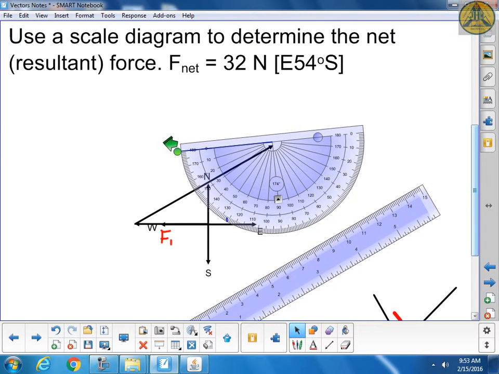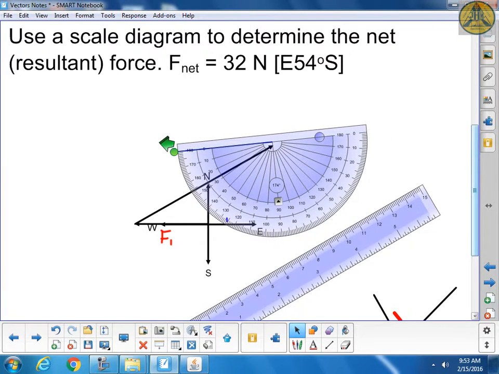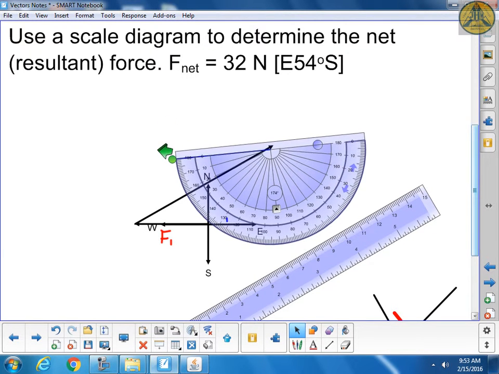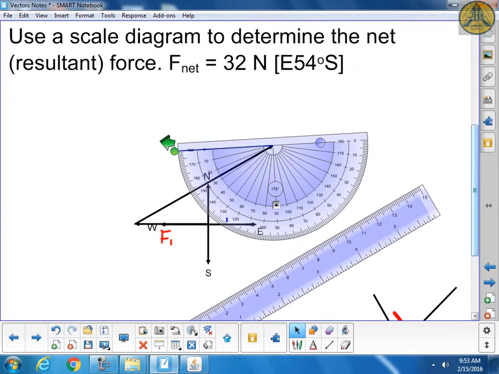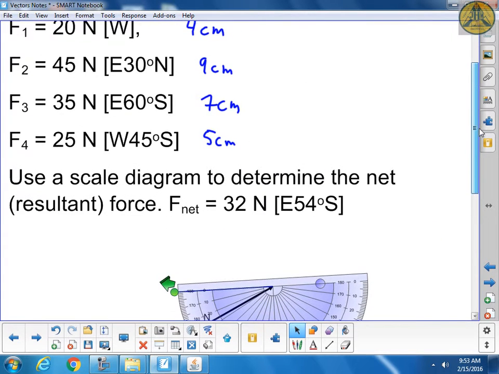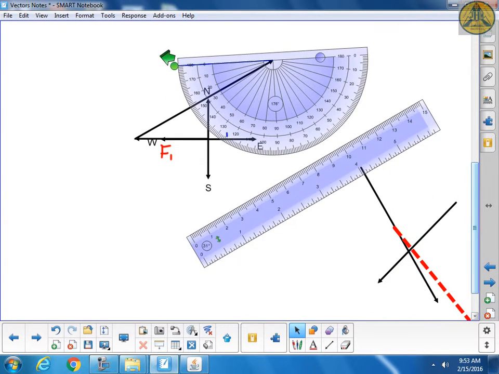And now I'm going to go east, 60 degrees towards the south, big angle south. And I'm going to make that arrow 7 centimeters long. It's faster to do with your paper than it is on this thing.